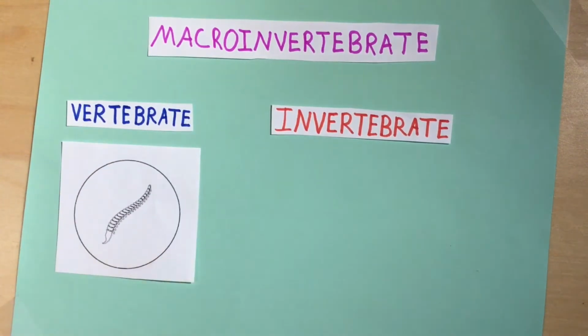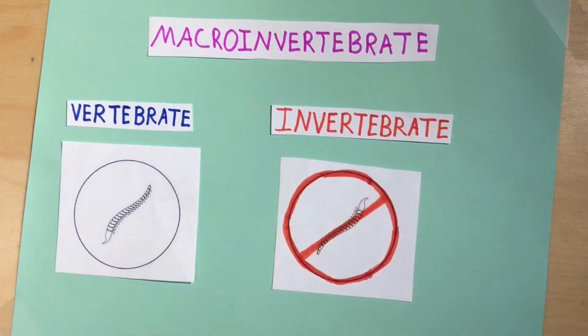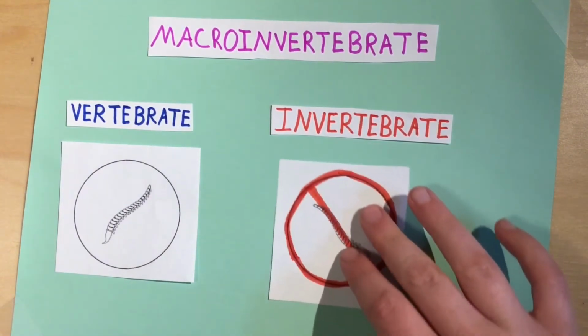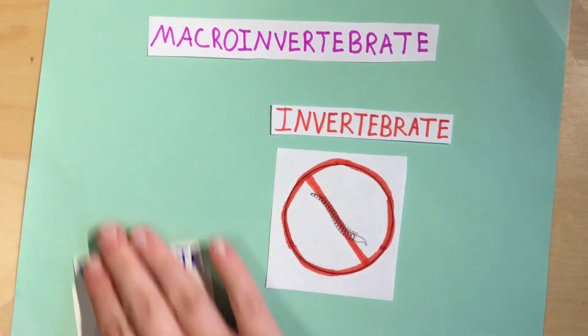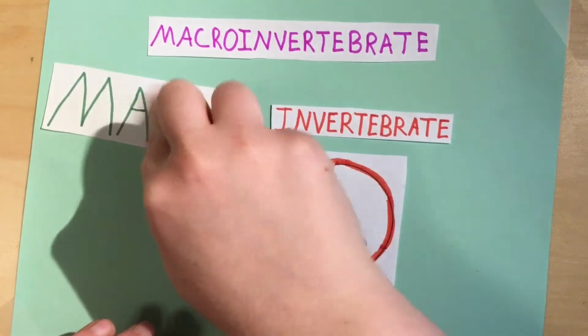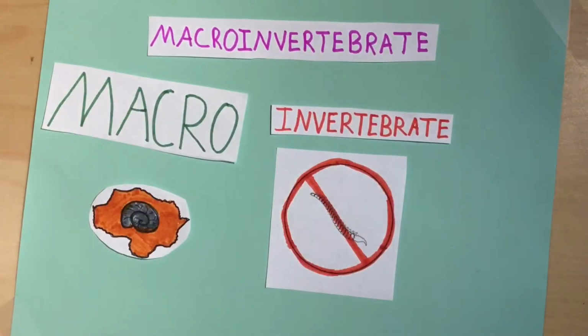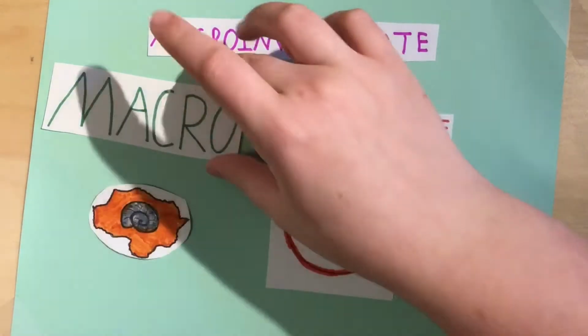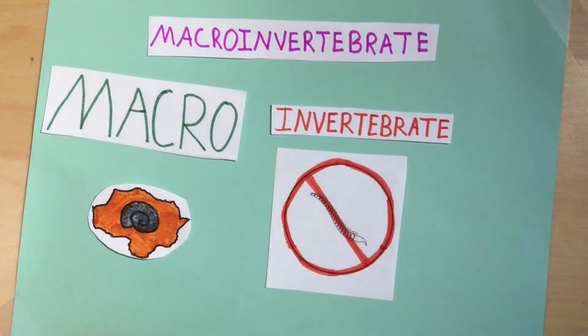If you're an invertebrate, that means that you don't have a spine. So basically, the meaning of the word macroinvertebrates is that they're big enough for us to see with our own eyes, but they have no spine.